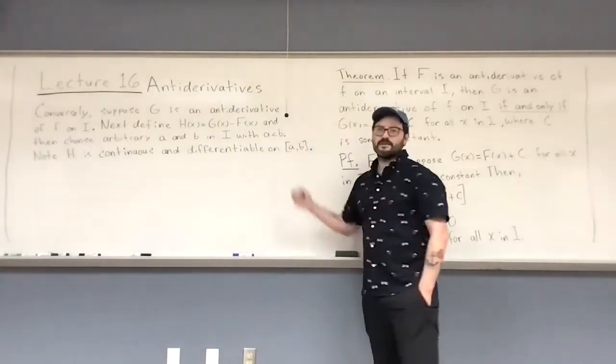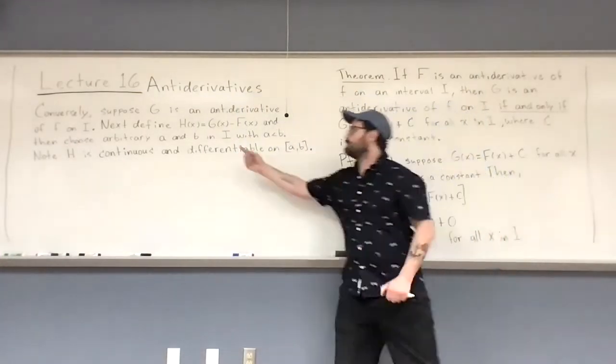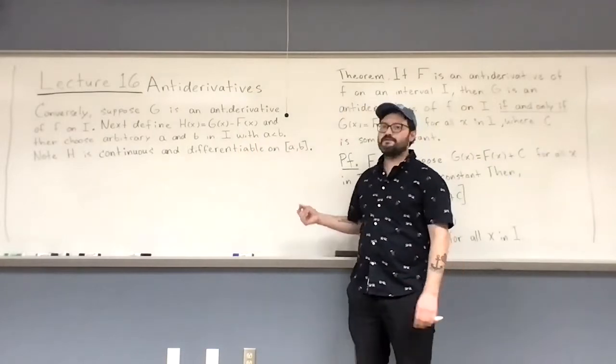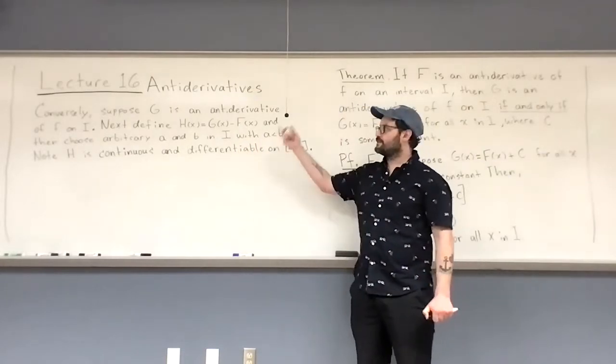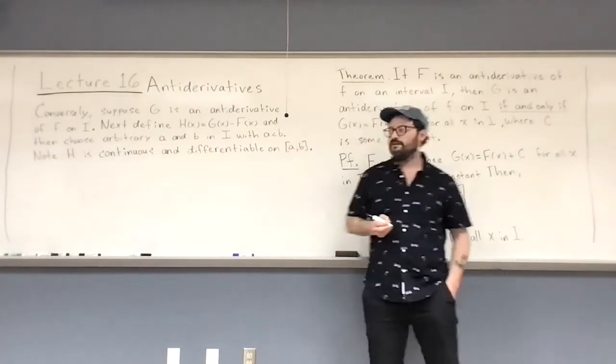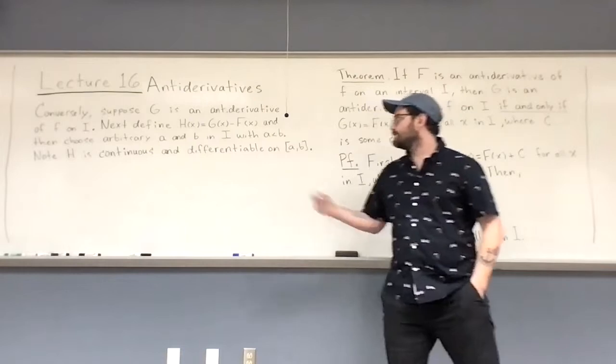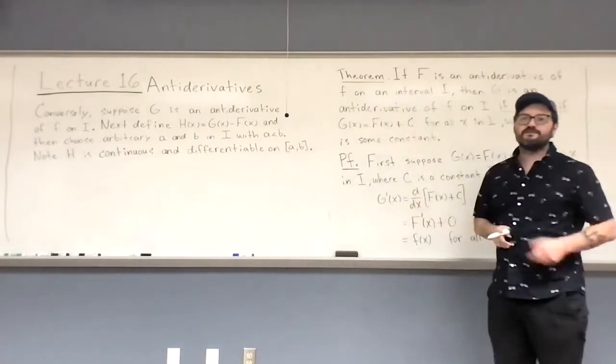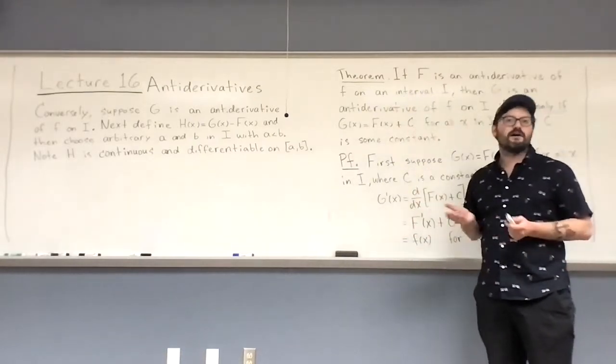Those are just numbers inside of I, a and b are inside of I, a is less than b. So we know that we can take the derivatives of these things here. So it's continuous and differentiable on that interval, which means we may apply this famous mean value theorem.